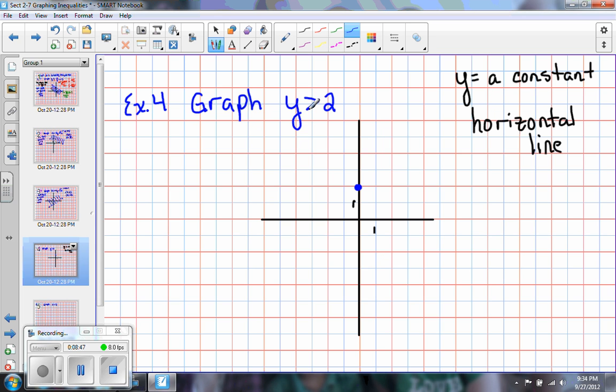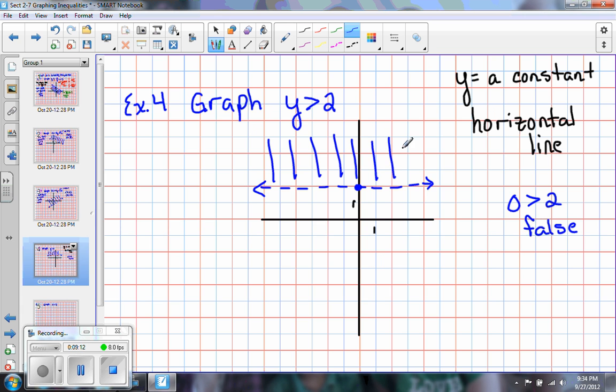It's just strictly greater than, so that tells me I need it dashed. Now, you can still plug in a point 0, 0. Of course, there's no value for x to plug in. Just plug in a 0 for the y, and you get 0 is greater than 2, which is false. So you're going to shade the side that does not include 0, 0.